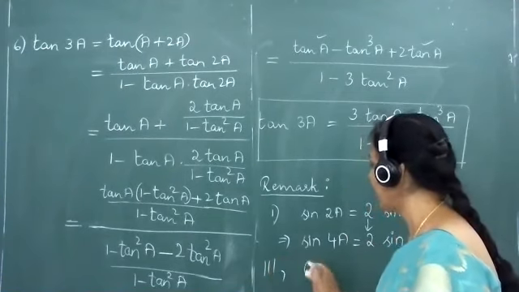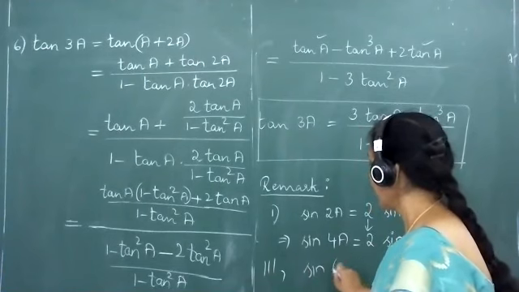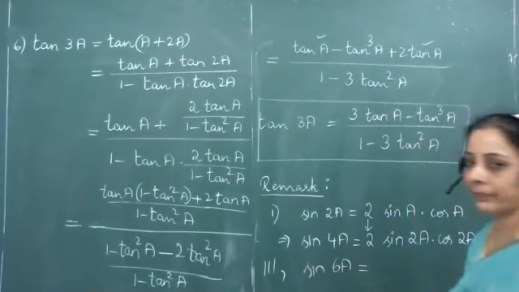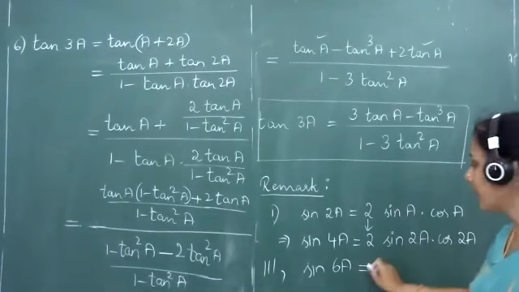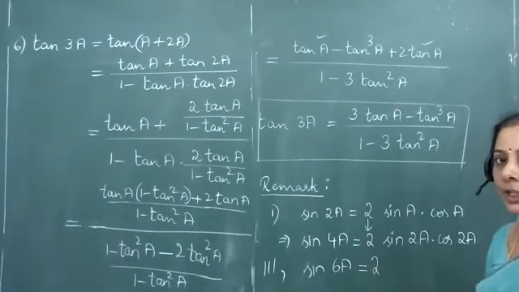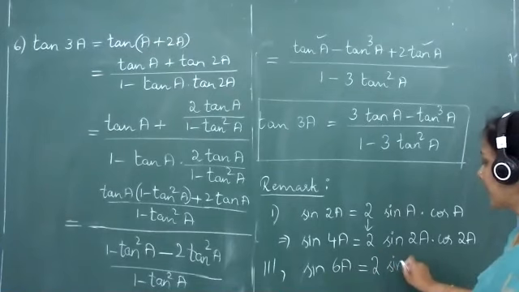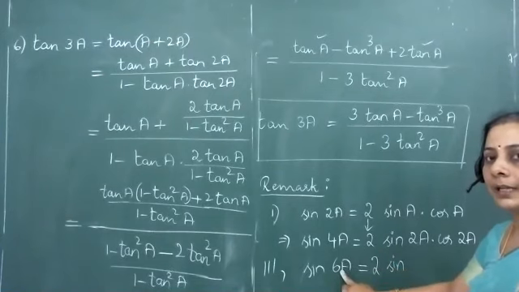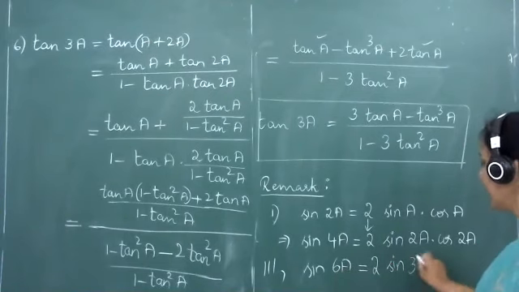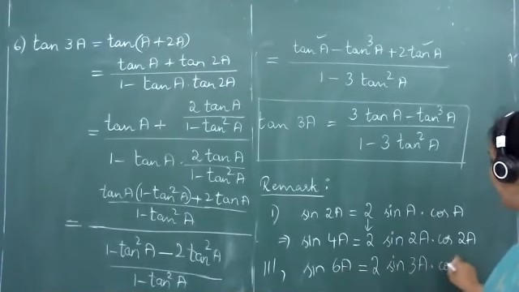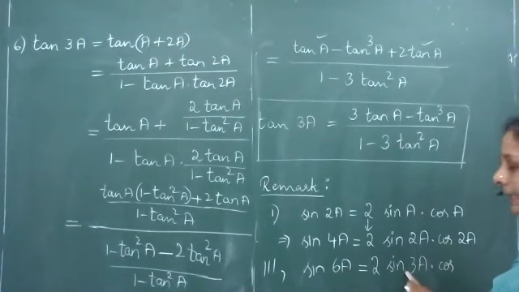Similarly, we can be taking the sin 6a formula. Sin 6a may be written as coefficient 2 retained as it is, multiplied with sine of half the angle of 6a. What is half the angle of 6a? It will come as 3a, multiplied with cos of the same angle which is associated with the sine function.